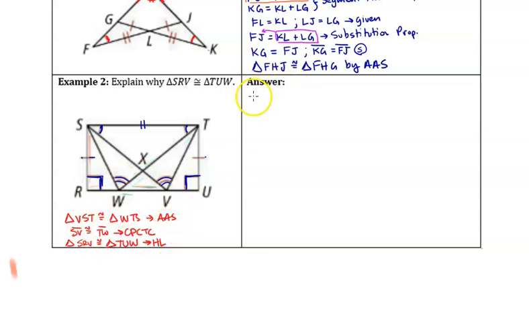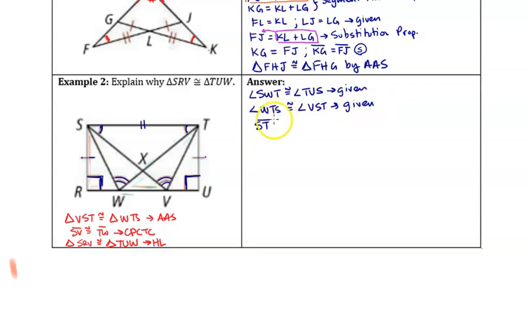First, I'm going to say that angle SWT is congruent to angle TVS. That's given. That's these two angles here. And that angle WTS is congruent to angle VST, which is also given.